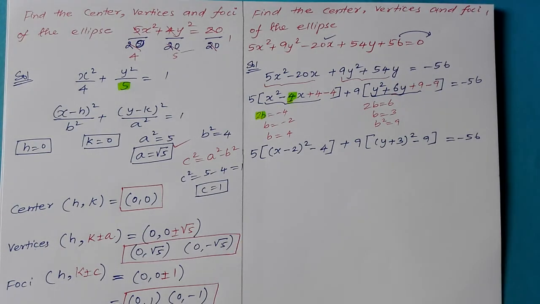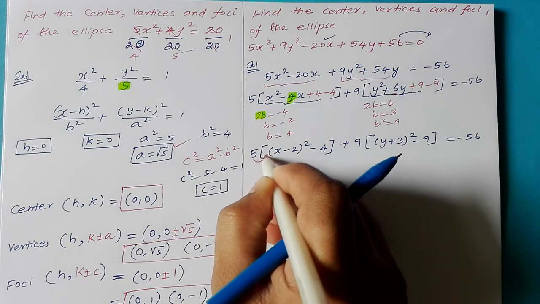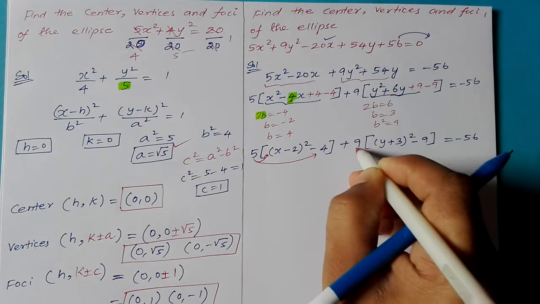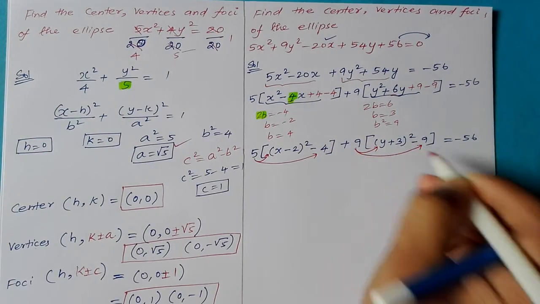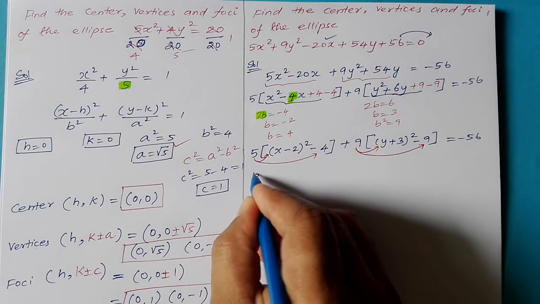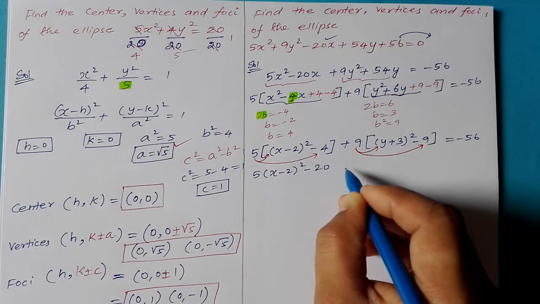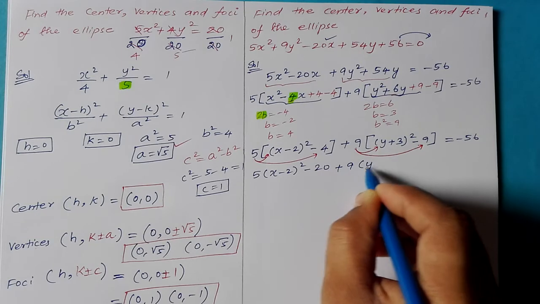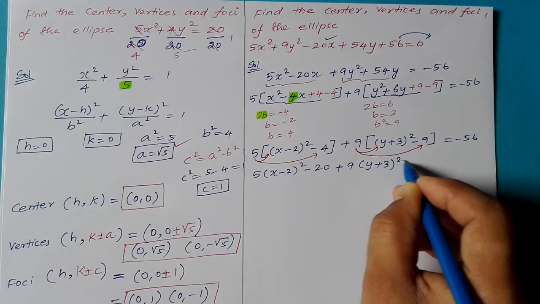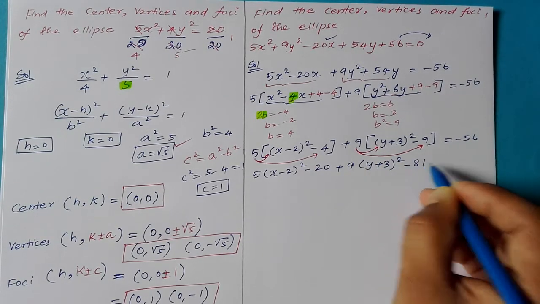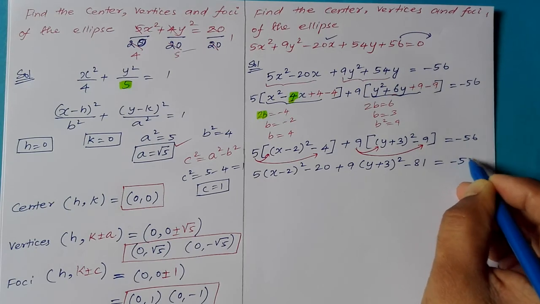Now multiply inside: 5 into x minus 2 whole square minus 20, plus 9 into y plus 3 whole square minus 81, which is equal to minus 56.